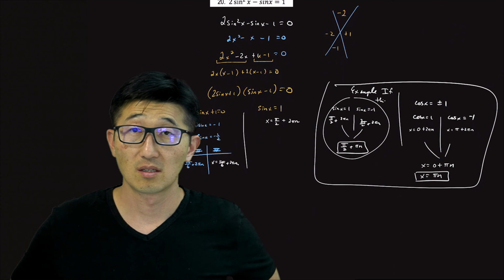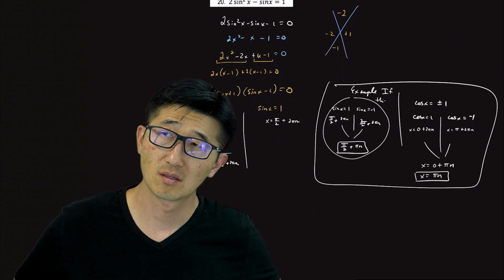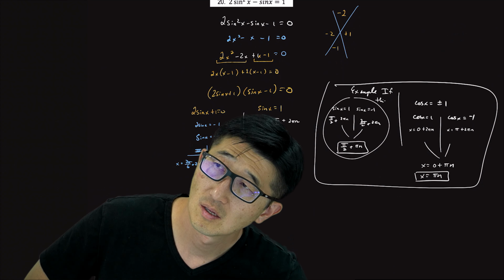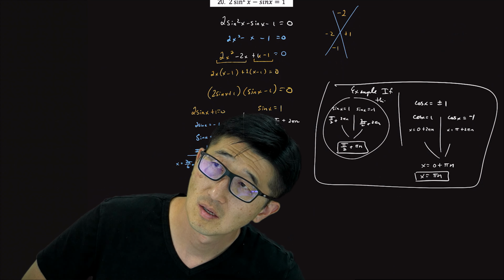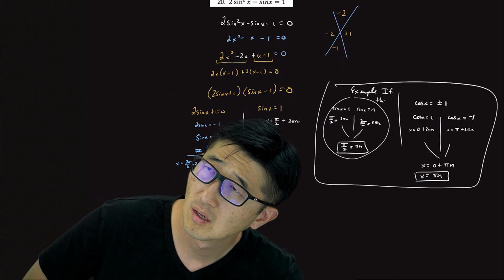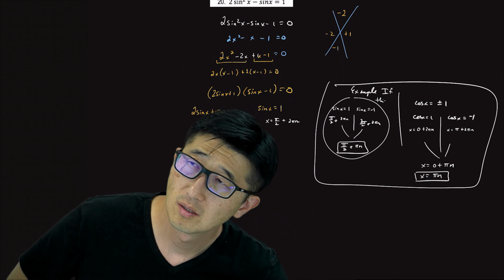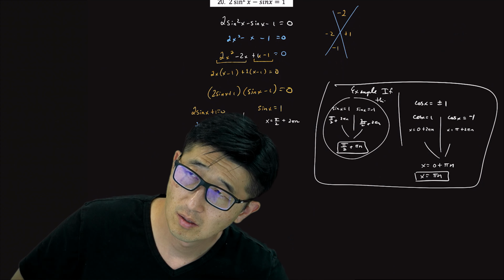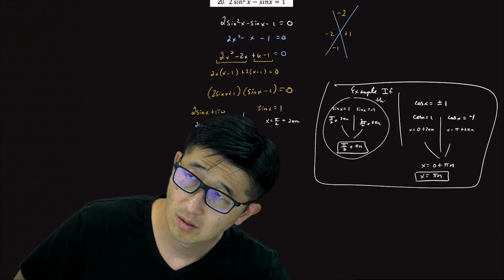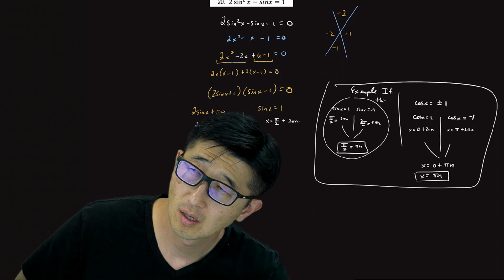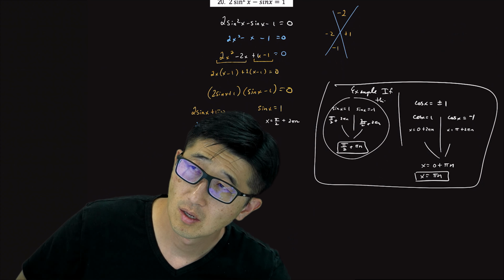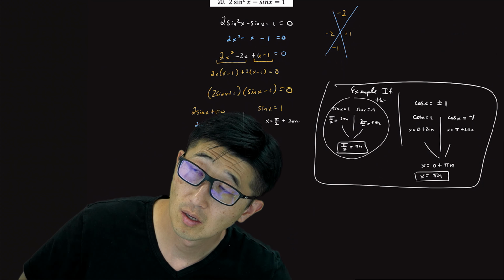Yeah, so it's 1 minus cosine 2x equals tan squared x times (1 plus cosine 2x). Oh wait, sorry, that's the wrong thing. She made us work on the right side.